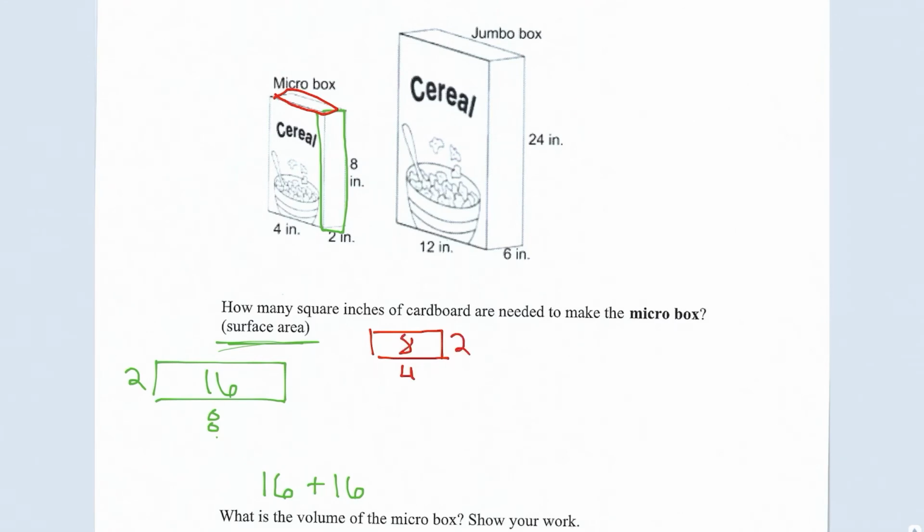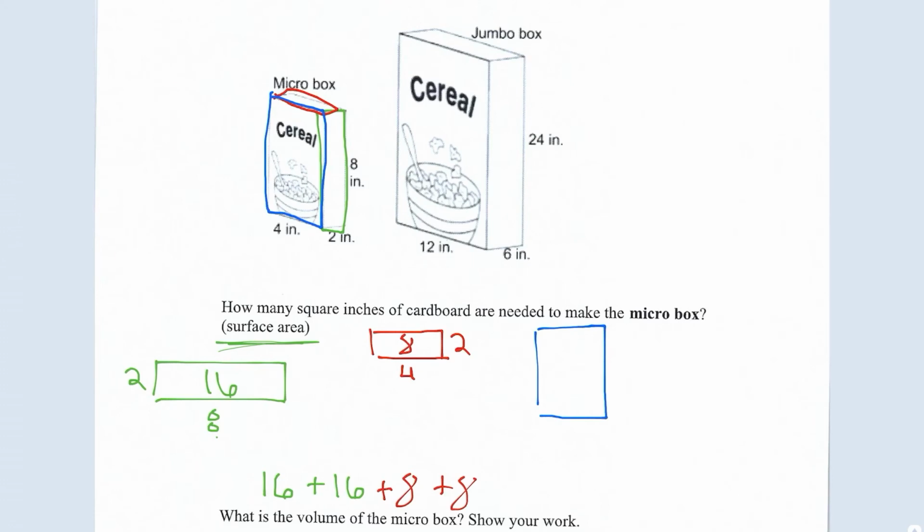And so when I find the area of this, that's going to give me 8. Now you have to ask yourself, how many of these red rectangles do you have? Well, there's one on top and there's one on the bottom. So when you add, you have to add 2 8s. All right, there's one more pair of rectangles, and that is the very front.